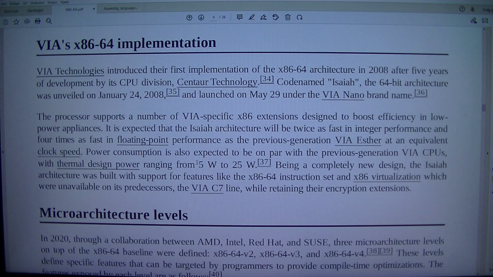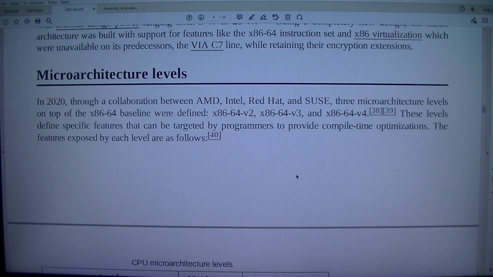Power consumption is also expected to be on par with the previous generation VIA CPUs, with thermal design power ranging from 5W to 25W. Being a completely new design, the Isaiah architecture was built with support for features like the x86-64 instruction set and x86 virtualization, which were unavailable on its predecessors, the VIA C7 line, while retaining their encryption extensions.